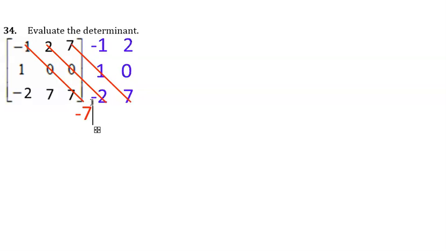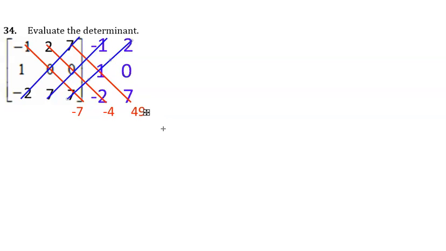We get -7 right here. And then this one is -4. And the last one is 49. And then what we want to do next is get the products of the other side. These sides will be negative though.